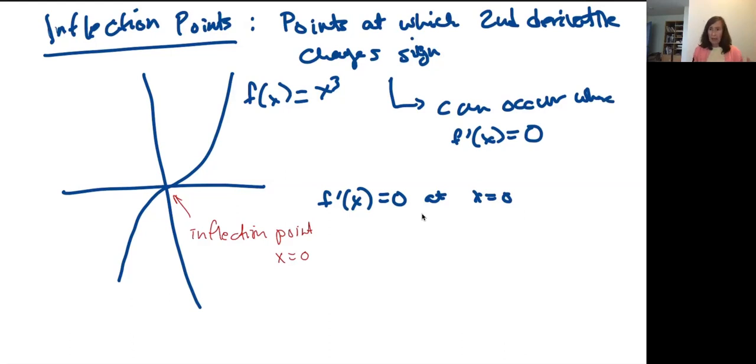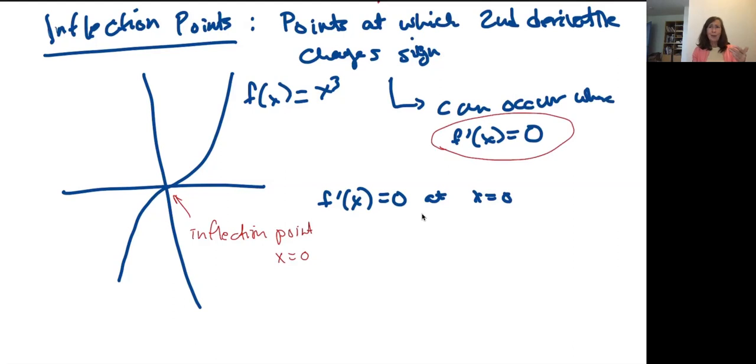As I said, generally we're not interested in finding inflection points for their own sake, but we are interested in identifying them because they can show up when we're looking for maxima or minima. You have a critical point, maybe it's a max, maybe it's a min, maybe it's neither one. It could be an inflection point.